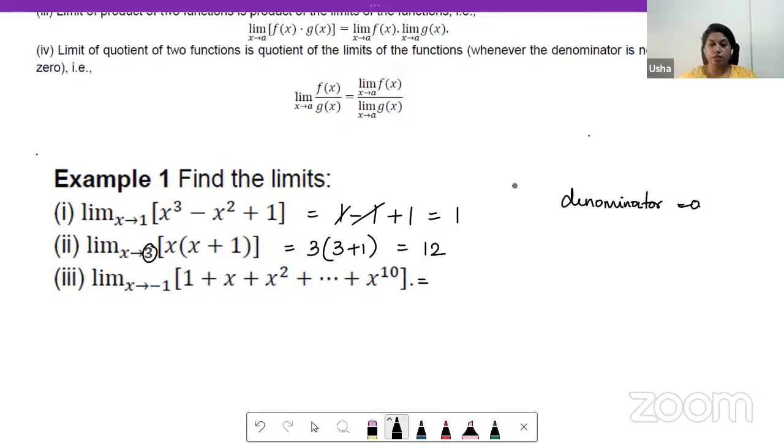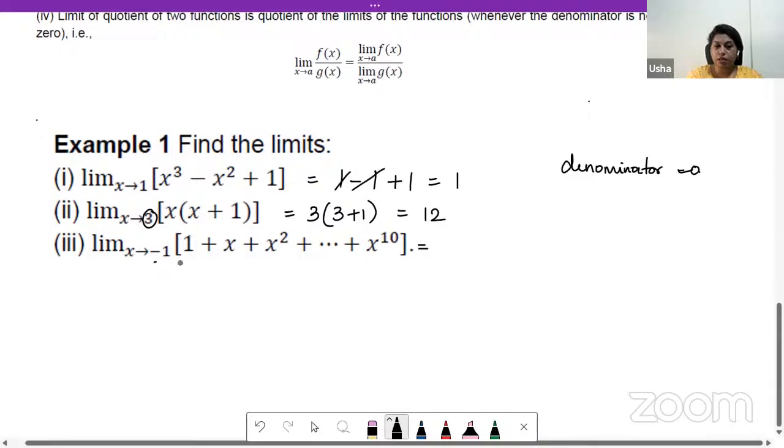Yes, Rakshita has solved. Others? See, x is minus 1. Now, x square is going to be plus 1. A negative number squared will be plus 1. Then x cube is going to be minus 1. So you will have alternating minus 1 and plus 1. And finally x power 10 is plus 1.